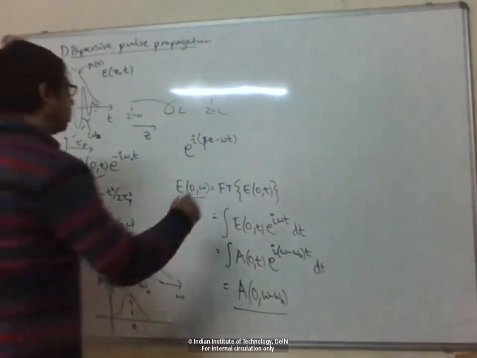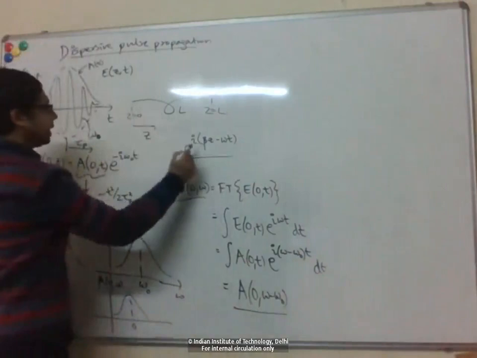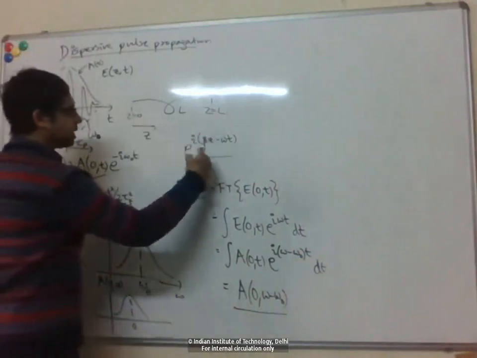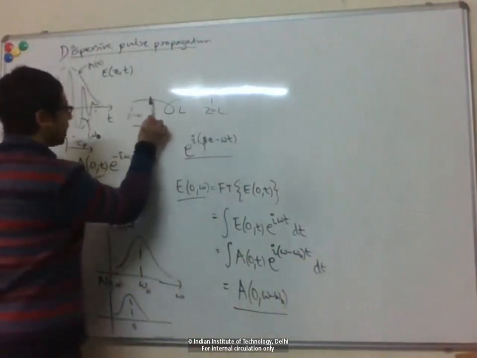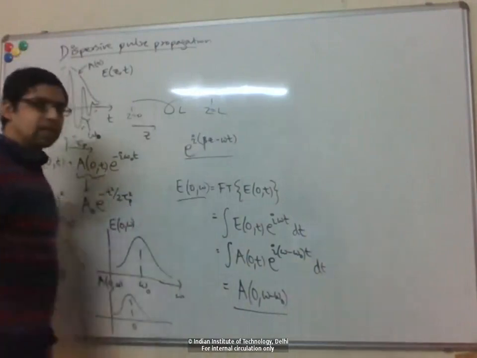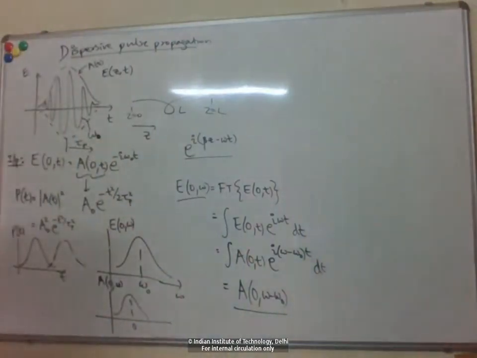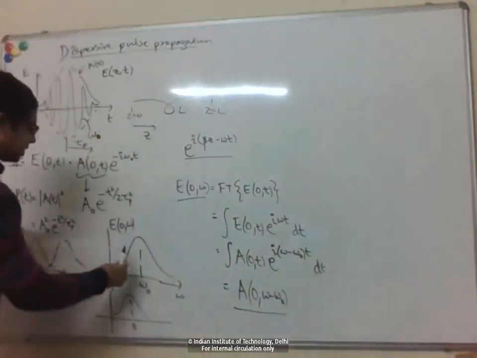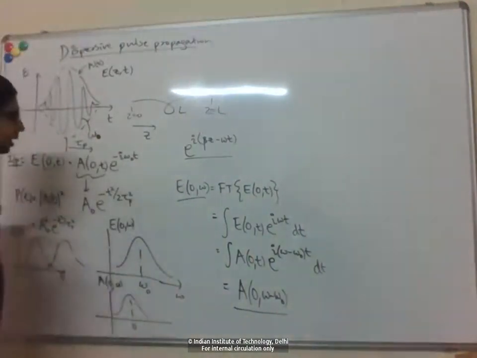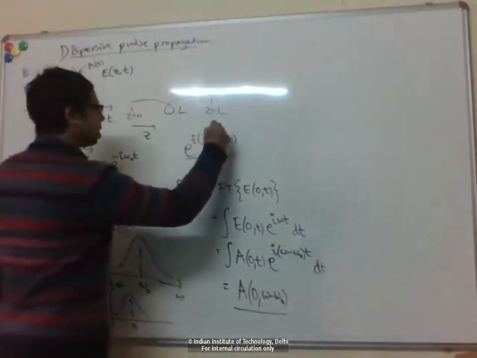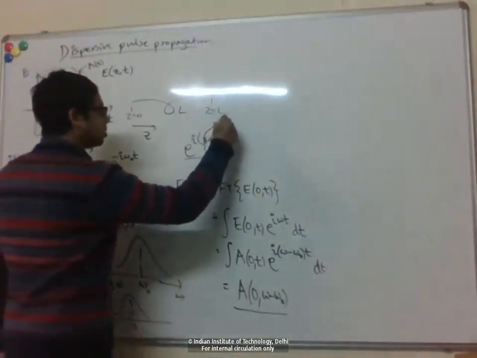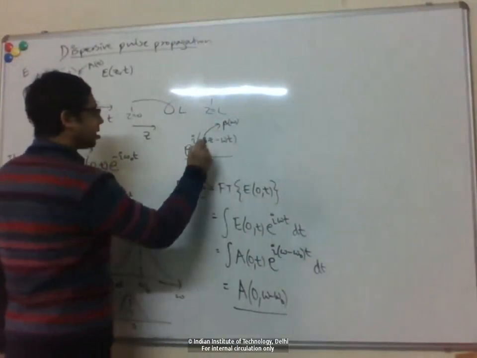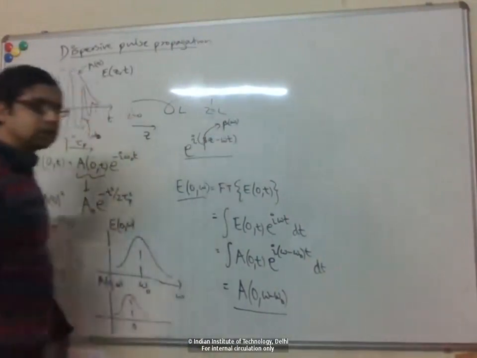Okay, so now we know that on propagation, basically you acquire a phase like that, right? As you propagate in z, you acquire a phase like e to the i beta z. Now we have a spread of frequencies here. Going back to the fundamental reason why dispersion is happening: this beta is actually a function of omega.